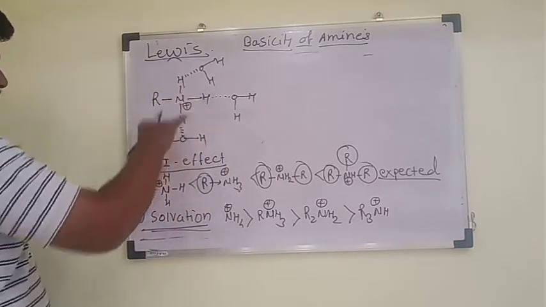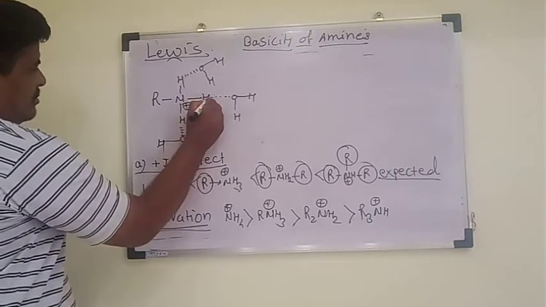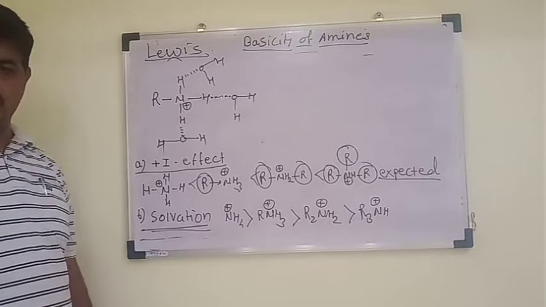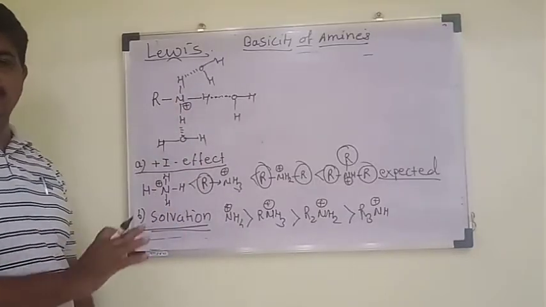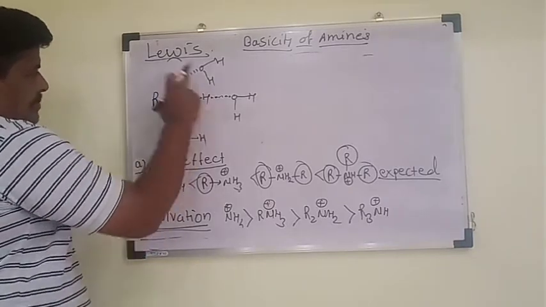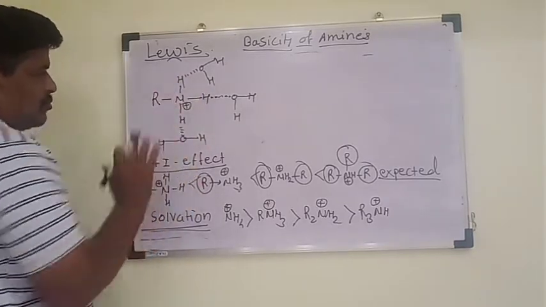It is stabilized by intermolecular hydrogen bonding, and if it is stabilized by intermolecular hydrogen bonding using water, then it is called solvation. So we can say that in case of primary amine, this solvation is more.